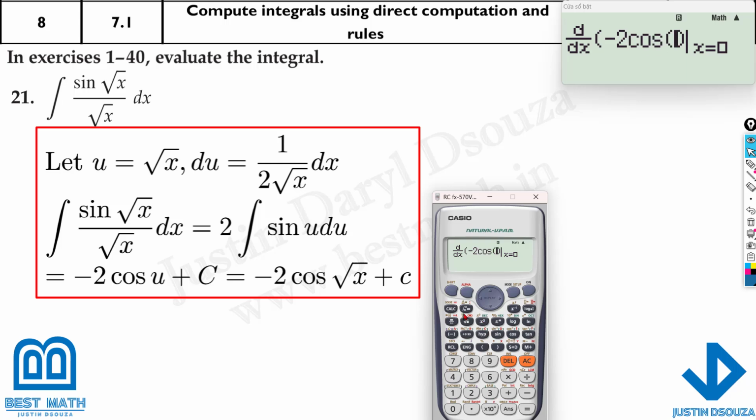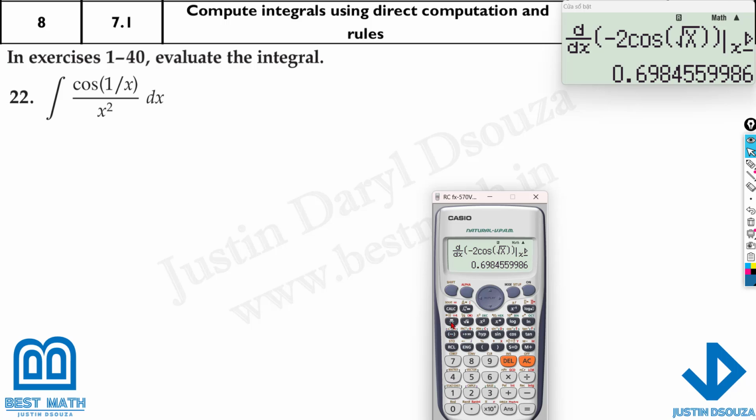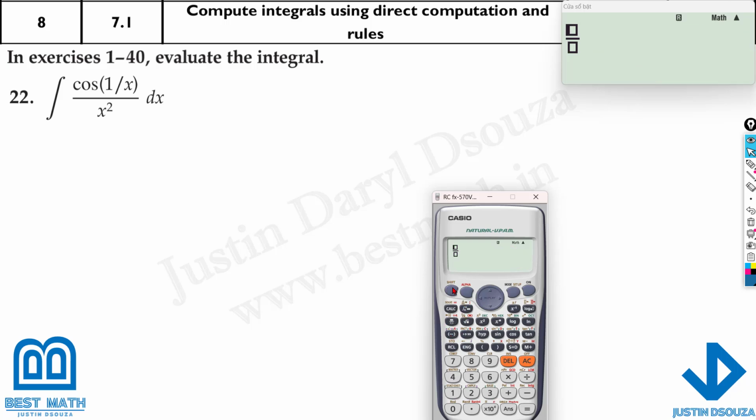It's minus 2 cosine square root x. Go next and then close the bracket up, and over here we have 2. Yes, that's correct. I'm just going to solve all these. You can just move ahead because it's the same way, same method. 1 by x, the next, and close the bracket.